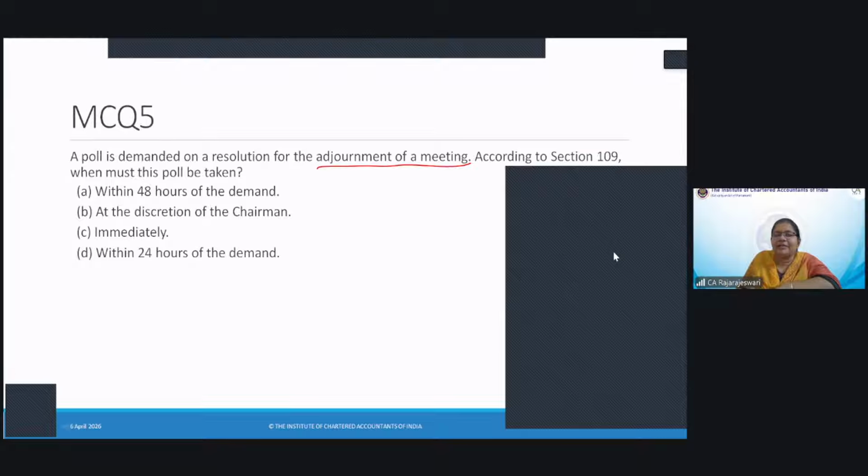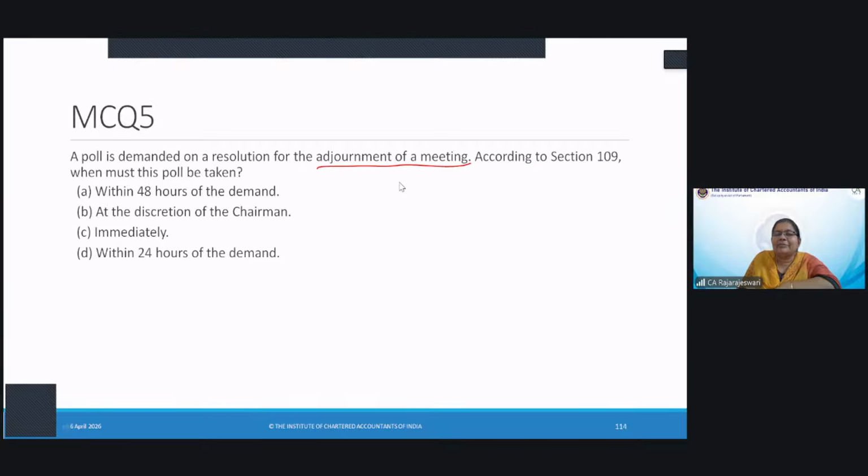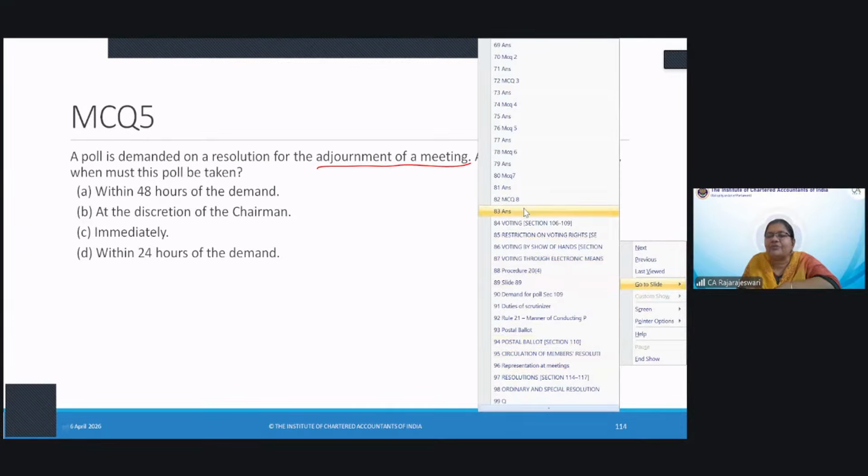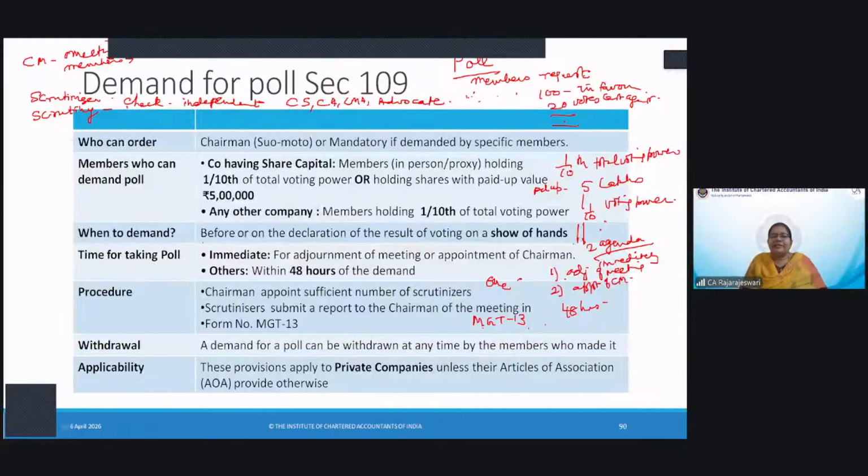For appointment of chairman and adjournment of a meeting, it should be done immediately, not within 48 hours of the demand. Let me go to that slide. This is for poll, right? Time for taking poll. For others, immediate for adjournment of the meeting.